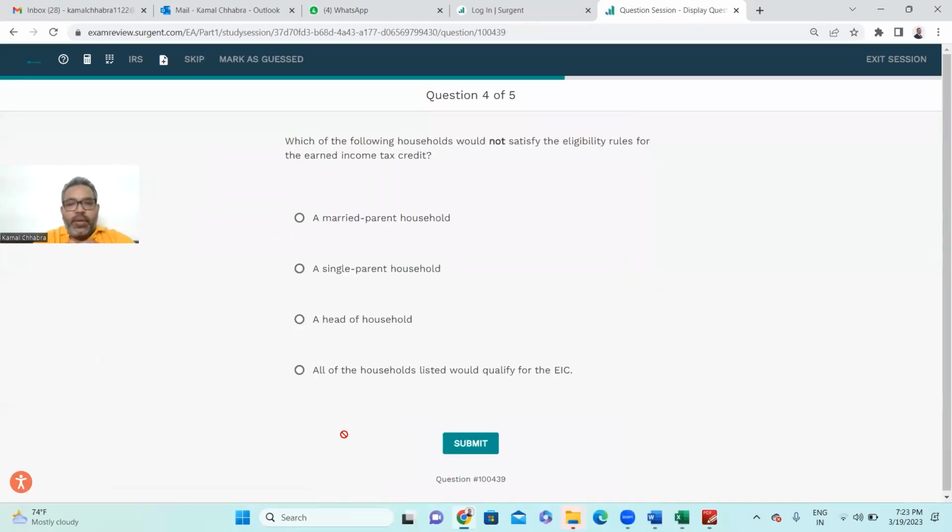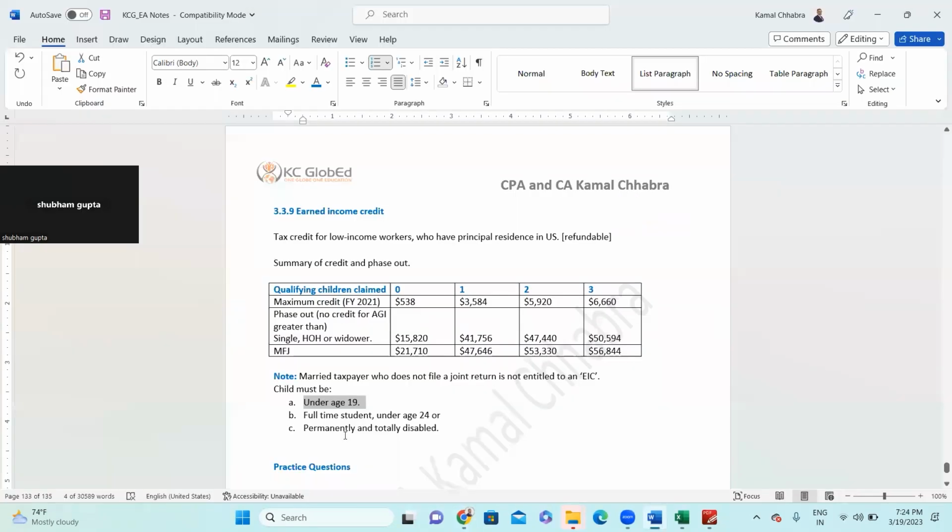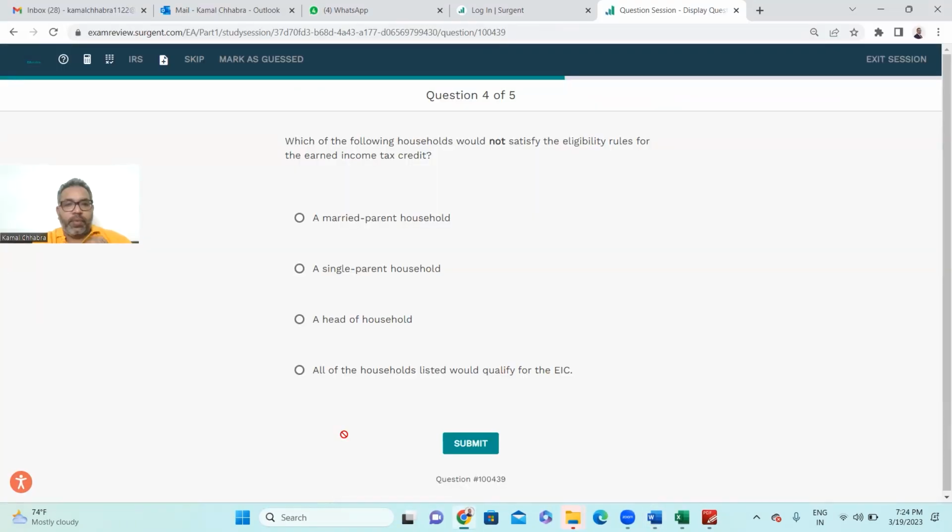Fourth question, which of the following households would not satisfy the eligibility rule for earned income tax credit? A married parent household, single parent household, head of household, all of the households listed would qualify for EIC. Option 4, right?